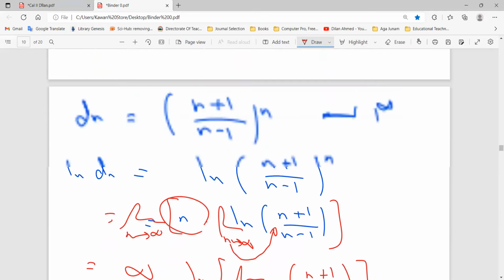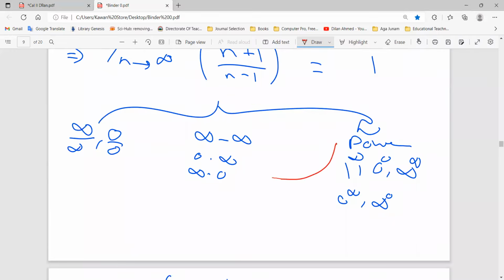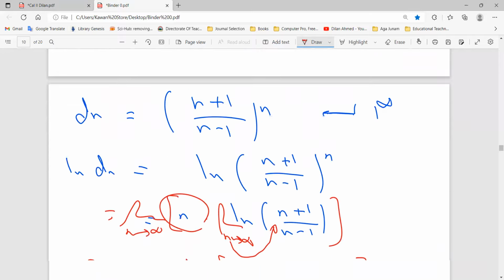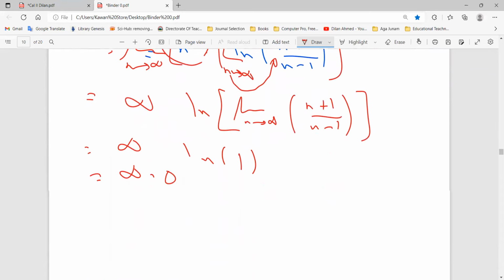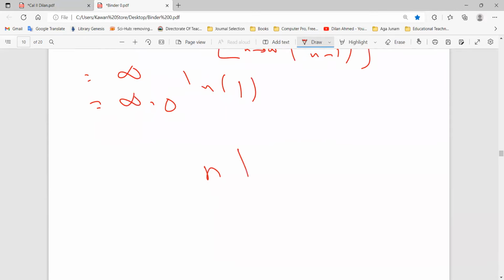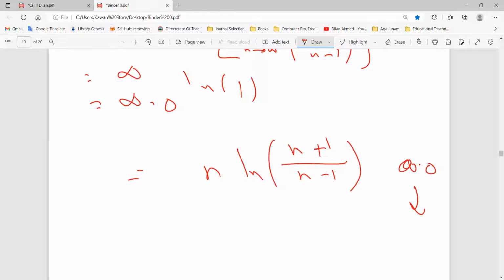Now you got that. We change that one to a different form, we said that before, you remember. So how do we change n ln of ((n plus 1) over (n minus 1)) to that type?